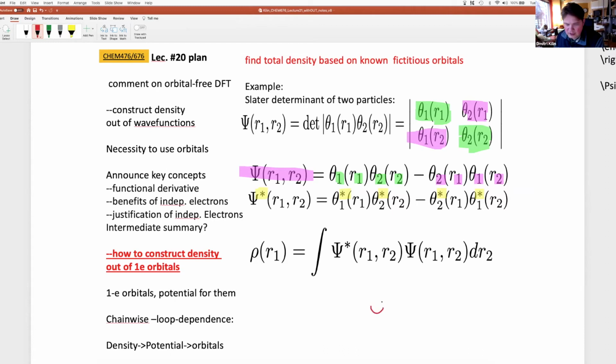I'm taking the density of R1, R2 and integrating over R2, which should give the density of all electrons at point R1. For this density, I multiply the multi-electron wave function by the wave function conjugated. Make sense?